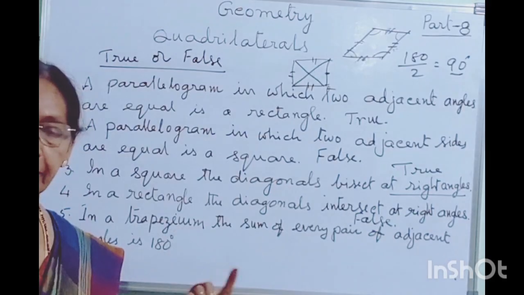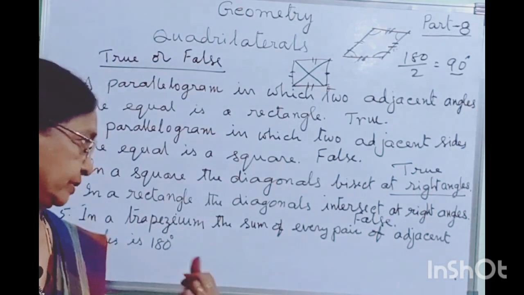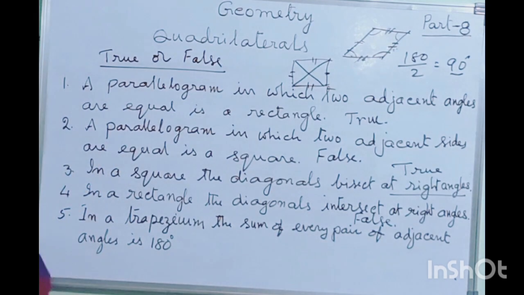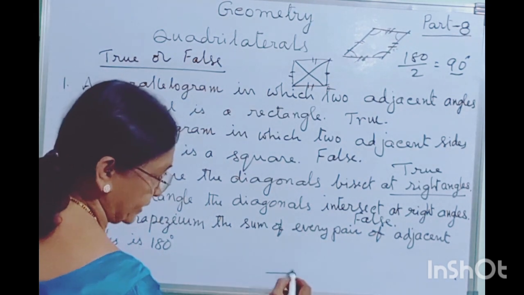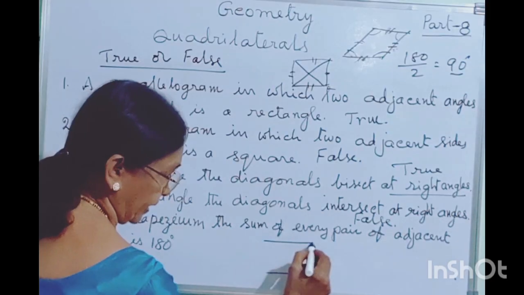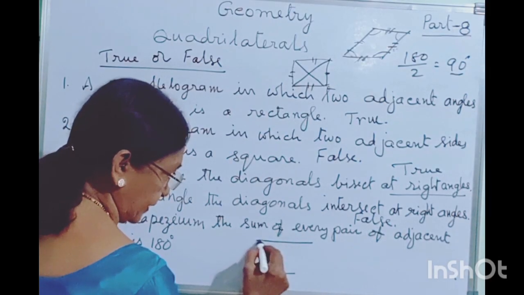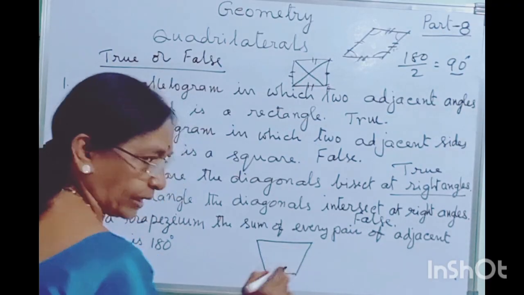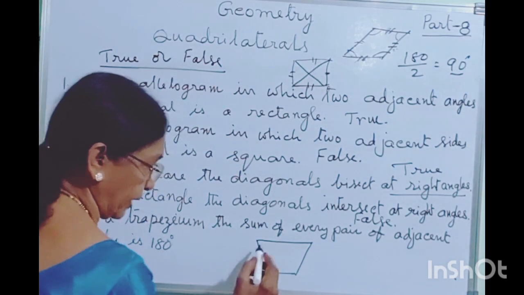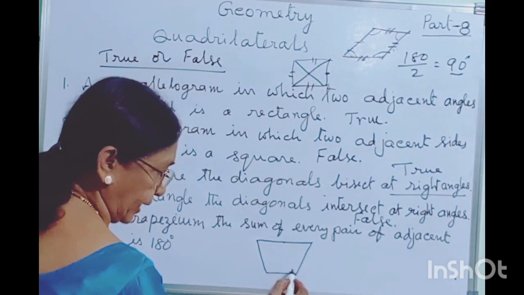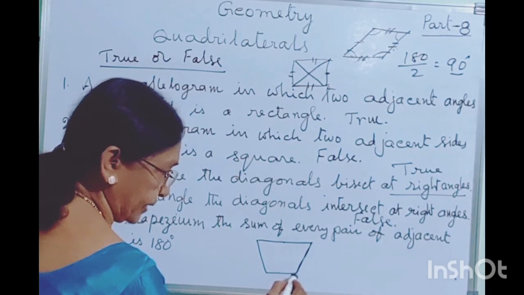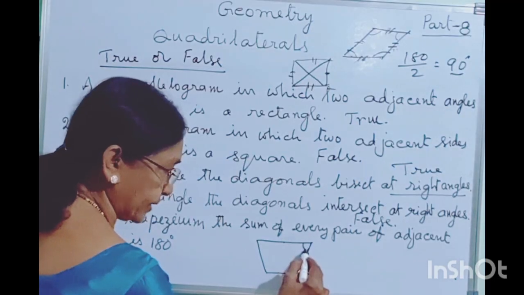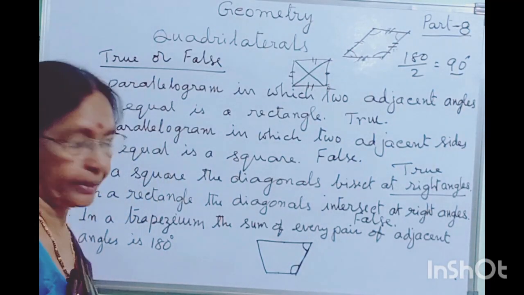Next, in a trapezium or trapezoid, the sum of every pair of adjacent angles is 180 degrees. Trapezium means one set of opposite sides are parallel. So, this is a trapezium. Only opposite sides are parallel. As these two are parallel, this line segment acts as a transversal and these two angles are supplementary.